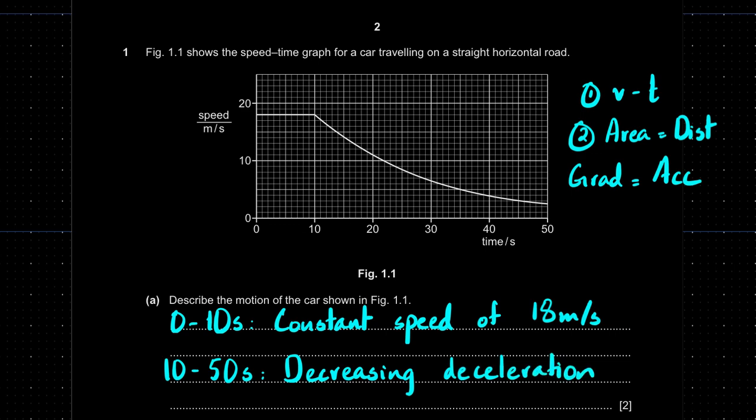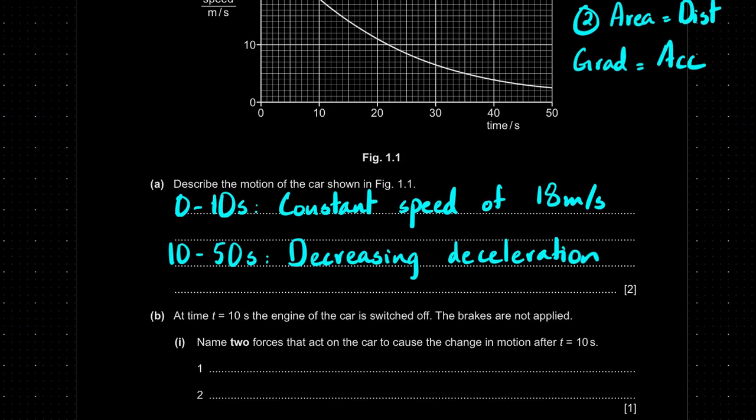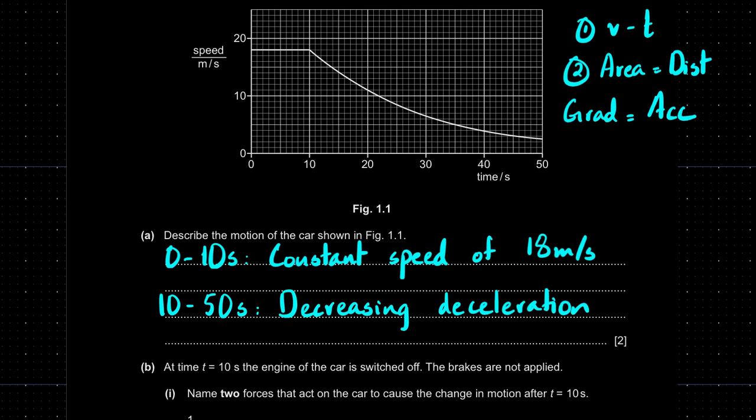All right. On to the next part. At time t equals 10 seconds, the engine of the car is switched off. So now we understand this is why the car must have started to slow down, because the engine was switched off. The brakes are not applied. So the momentum of the car is taking it forward, but gradually it's slowing down. Now if it's slowing down, this also makes sense that this car is decelerating.